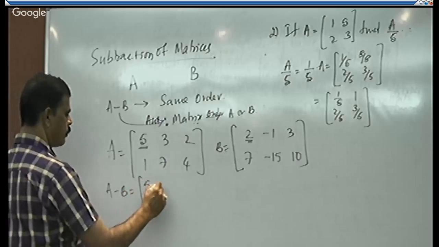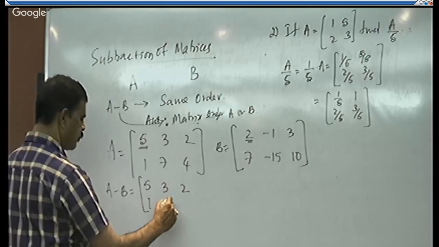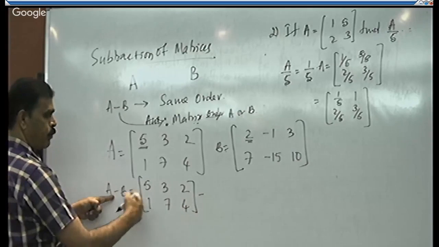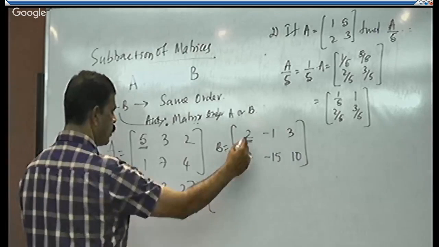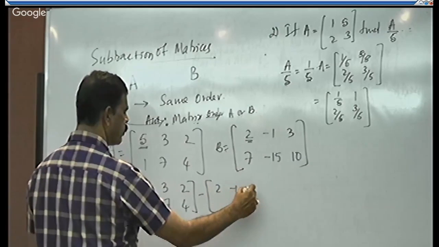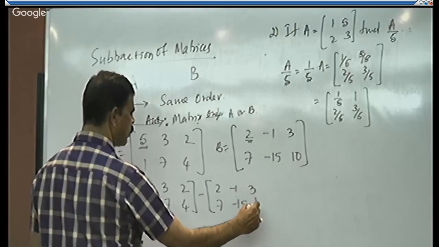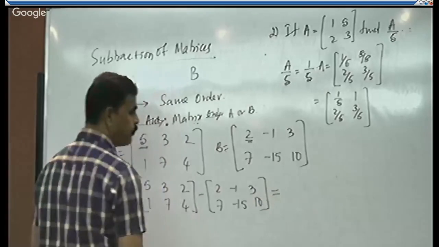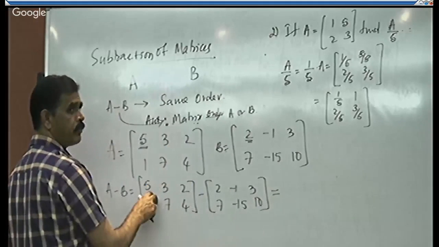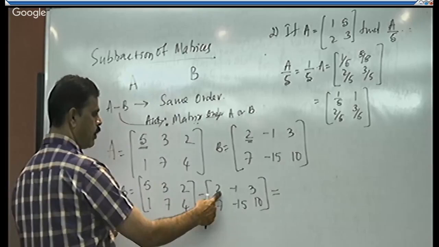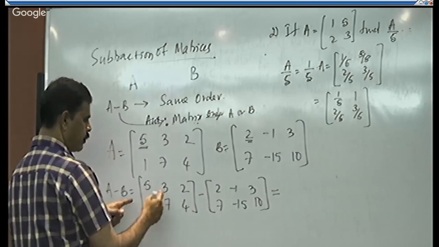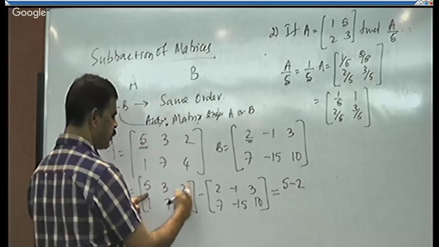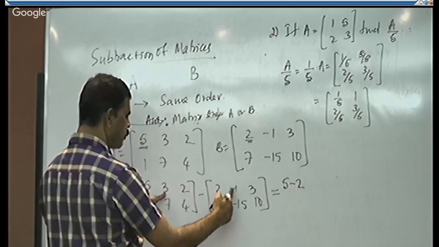Write A: 5, 3, 2, 1, 7, 4. Minus, we have the negative symbol, put minus. Then write B: 2, minus 1, 3, 7, minus 15, 10. Subtraction of the elements of B from the elements of A. 2 is subtracted from 5, that is 5 minus 2, corresponding elements. 3 minus of minus, is it right?